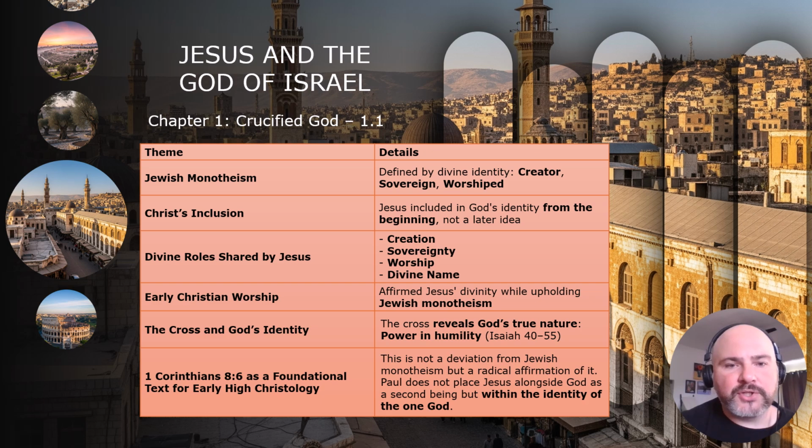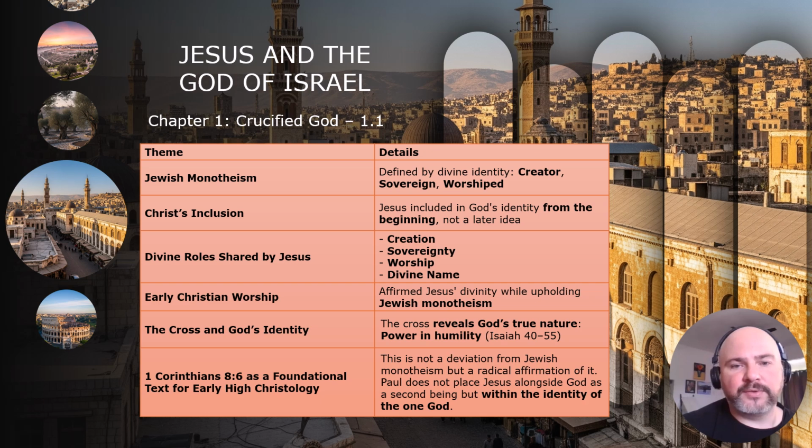Some points from the chapter: Second Temple Judaism defines God by unique roles, not metaphysical essence. Jesus, being the creator, sovereign, and worthy of worship, is placed within the unique identity. The radical Christian claim is that Jesus' crucifixion is not divine absence, but revelation.